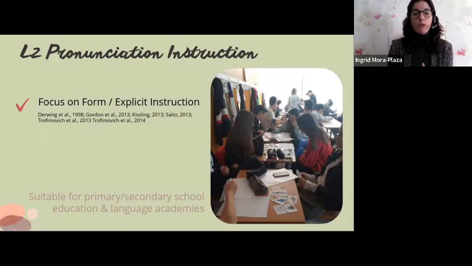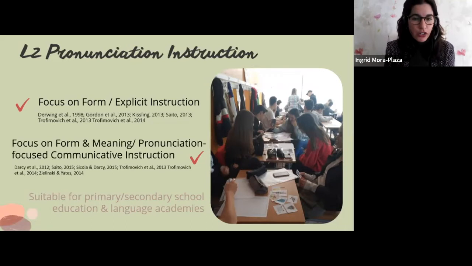So one way of integrating pronunciation in the language curriculum is by using pronunciation form-focused communicative activities. In fact, Darcy et al. in 2019 showed that the inclusion of form-focused instruction with a communicative component actually generated more pronunciation gains than just form-focused instruction, and this did not detract from the course learning goals.